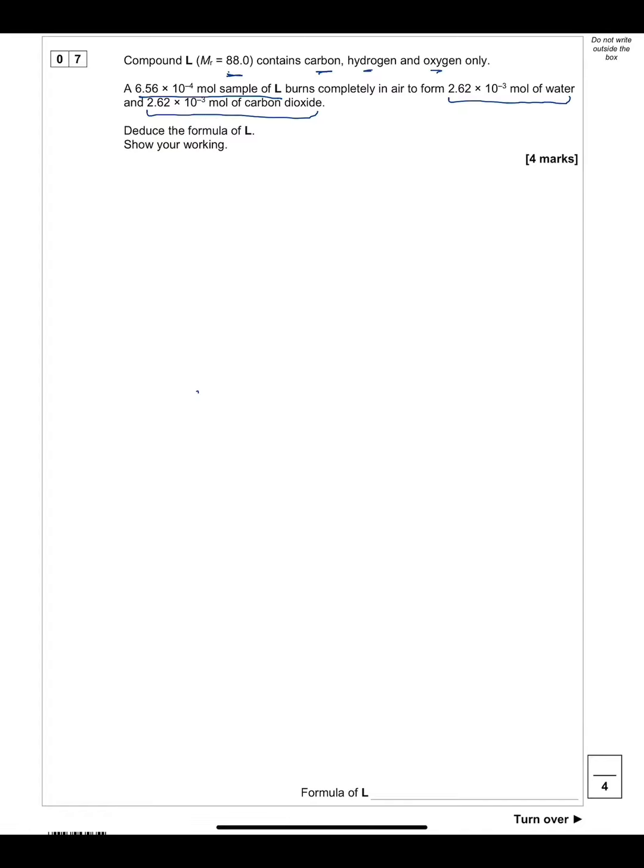Remember that if we assume that this compound is CNHMOX, where the number of carbons is N, the hydrogens are M and oxygen is X, when it burns completely in oxygen or in air, that will give us N moles of carbon dioxide and M over 2 moles of water.